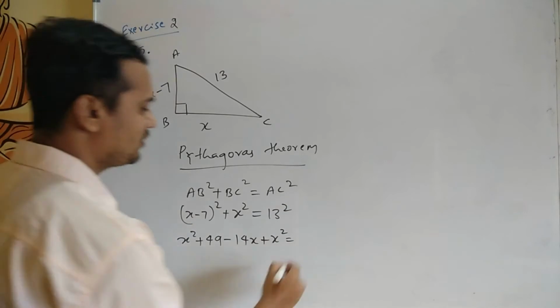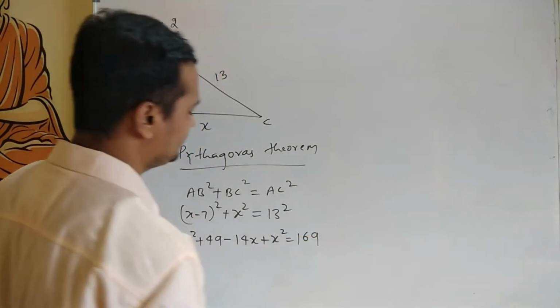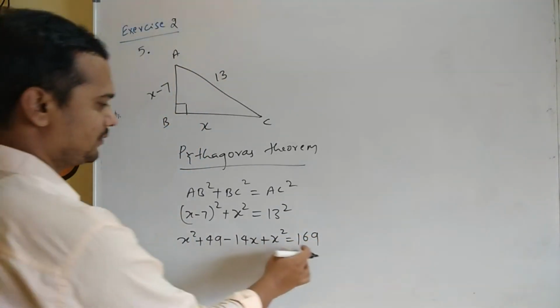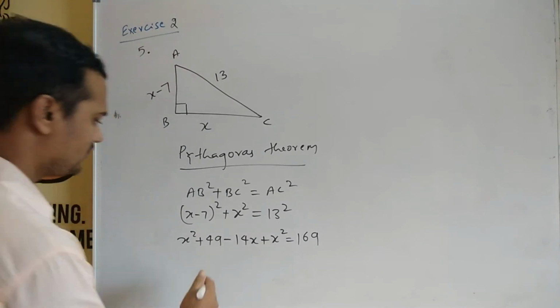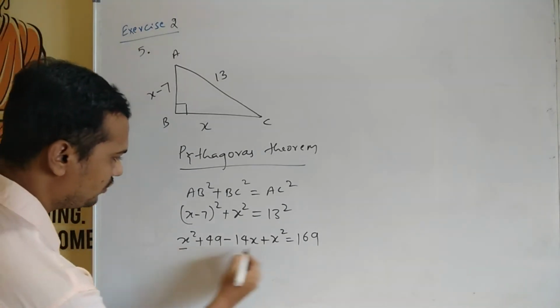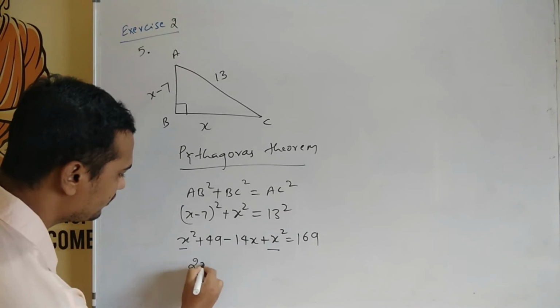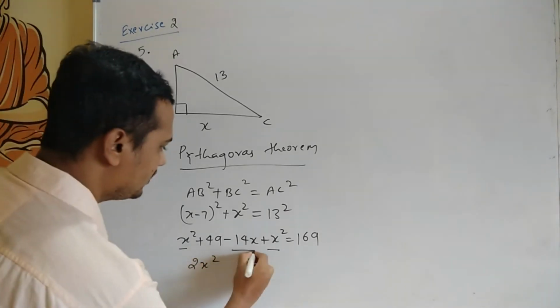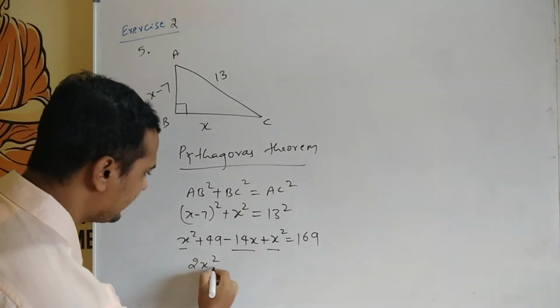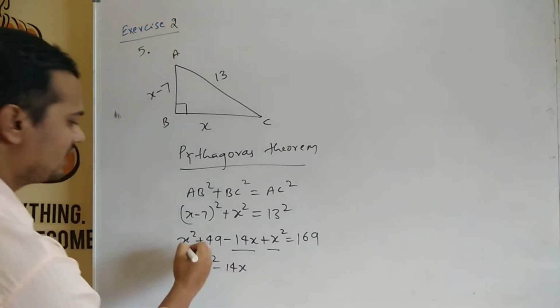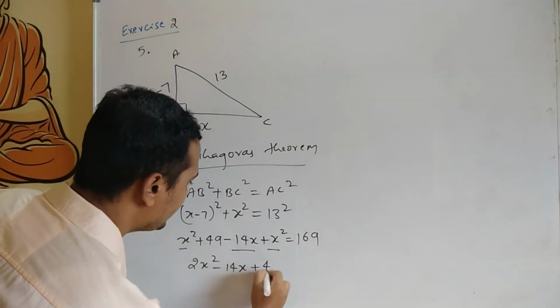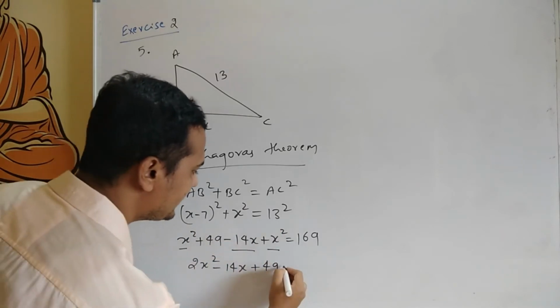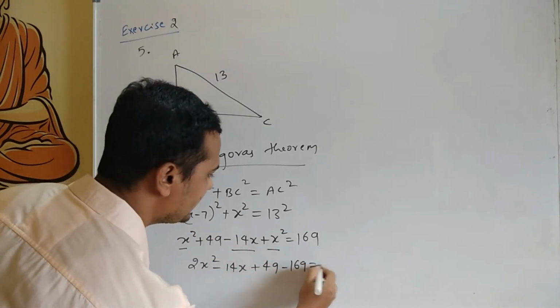So what is 13 square? 169. Okay, 169. So next, we have 2x square. So this will give 2x square, and then only one x term, that is minus 14x as it is, and then plus 49, and then take this 169 to this side, minus 169 is equal to 0.